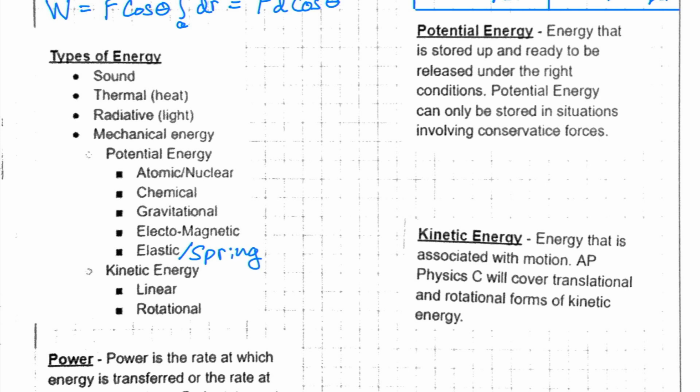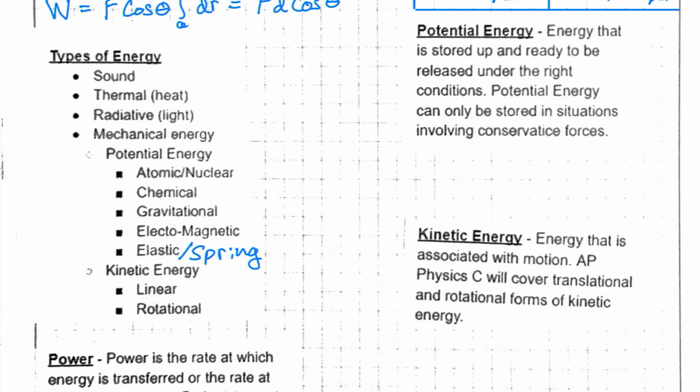And elastic and spring energy is really electromagnetic again, because in a spring, the bonds in the metal are at a certain angle. When you compress or stretch the spring, you're changing the angle between the bonds. Now, if you push or pull too hard, you can permanently deform the spring, but within limits, if you just distort them a little bit, they will want to bounce back to their original positions.